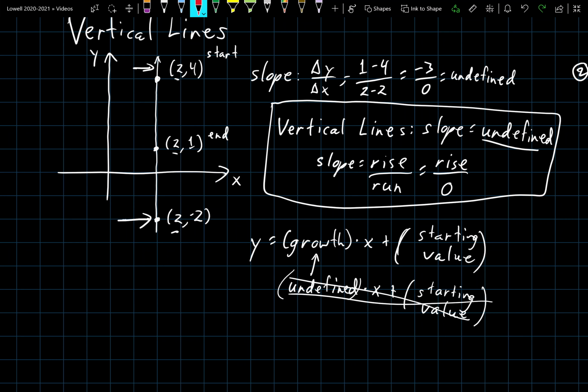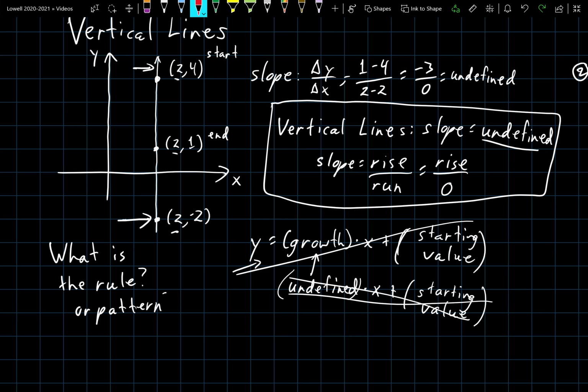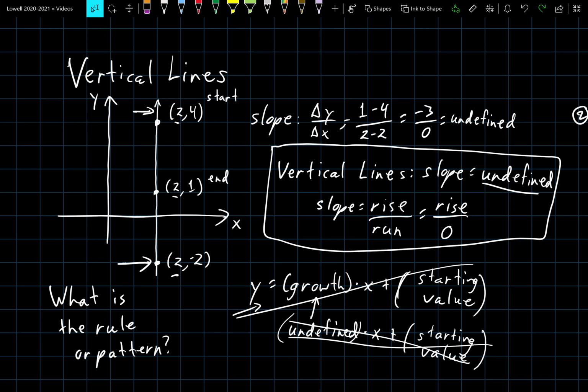But again, think back to what we talked about in the previous video. Instead of restricting ourselves to this form of the equation, just think, what is the rule? Some people call it the rule, or some people say pattern. What do the points have in common? When we think back here, the thing that's common is their x values. Their y values are random. They can be whatever they want.